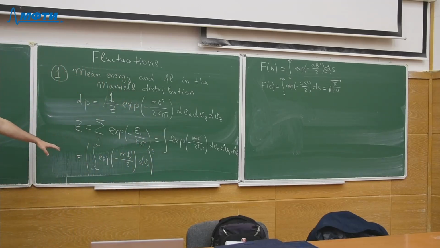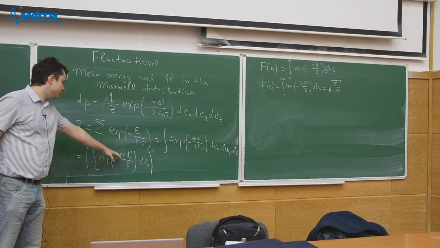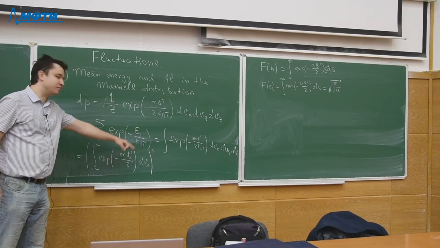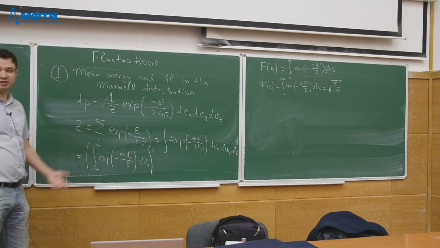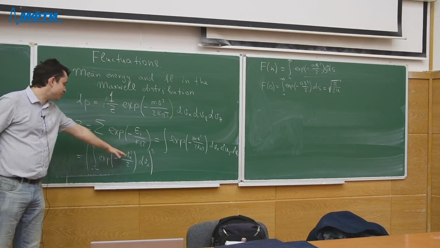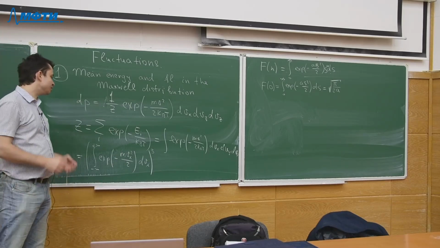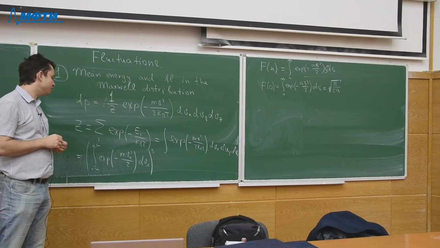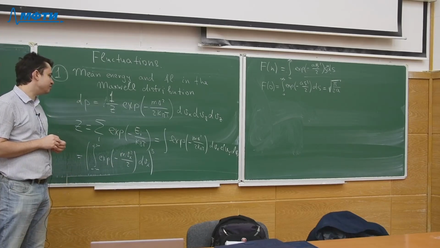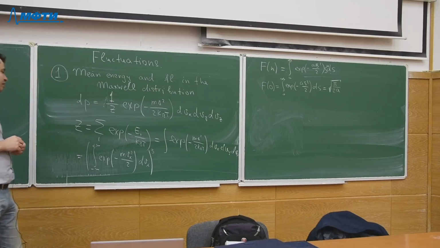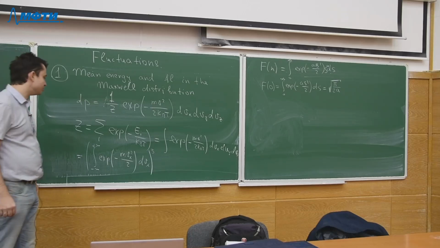I have written here only the integral for vx, but of course I mean by this that we have vx, vy, and vz, and in all of these integrals the only thing we do is change the notation for the variable of integration. That means that all of these three integrals are equal to each other.